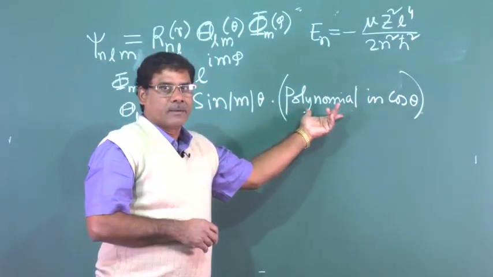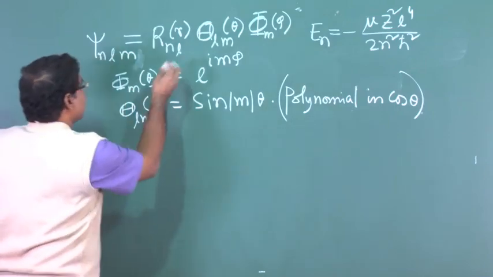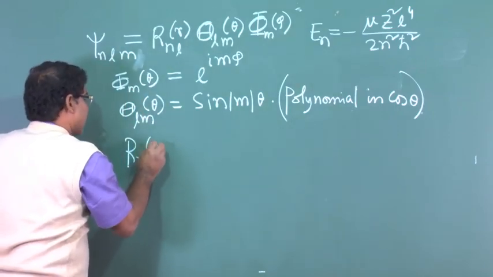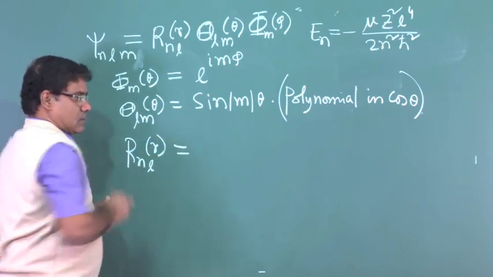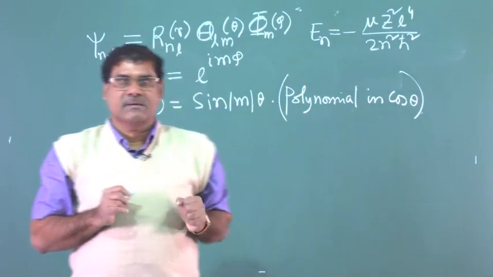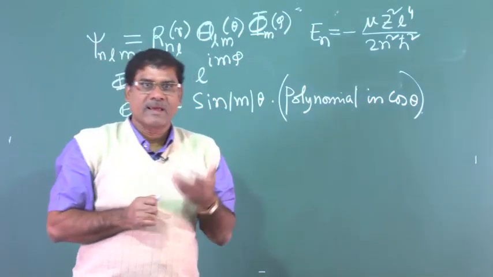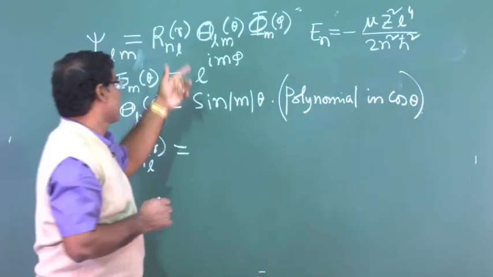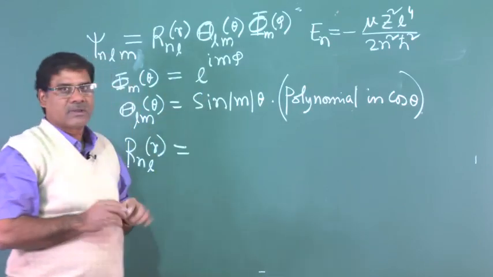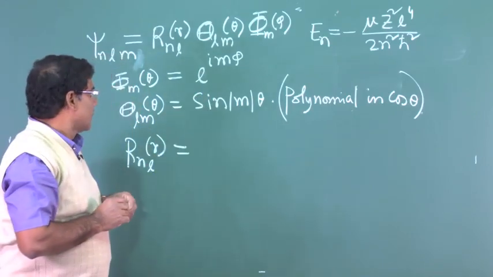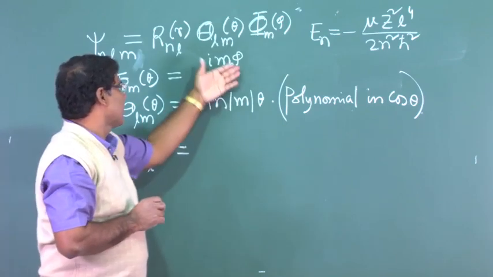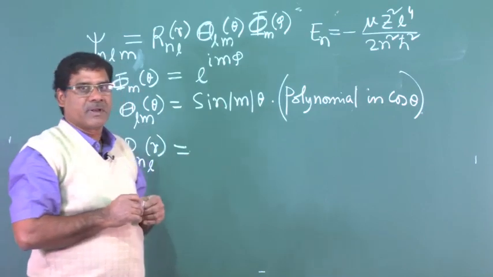And then R n l is a function of R. Here I am not using the normalization part, like 1 by square root of 4 pi etcetera. These are constant terms. So, I am only using the theta, phi and R dependent parts.